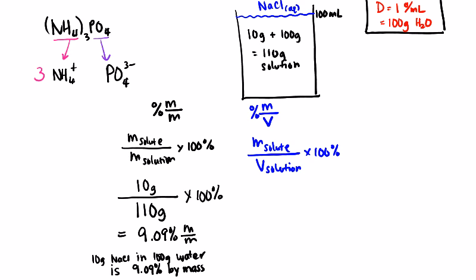And same thing, you would multiply by 100% to get the percentage. So 10 grams of salt divided by 100 mL of water, and then you would multiply that by 100, you would get a mass volume percent of 10%.